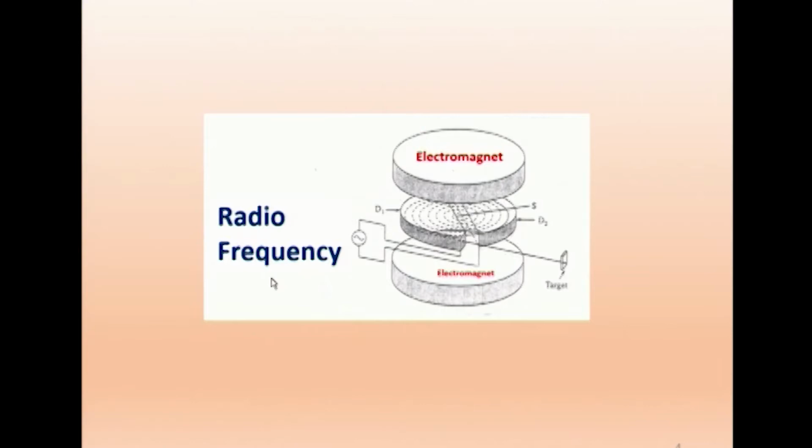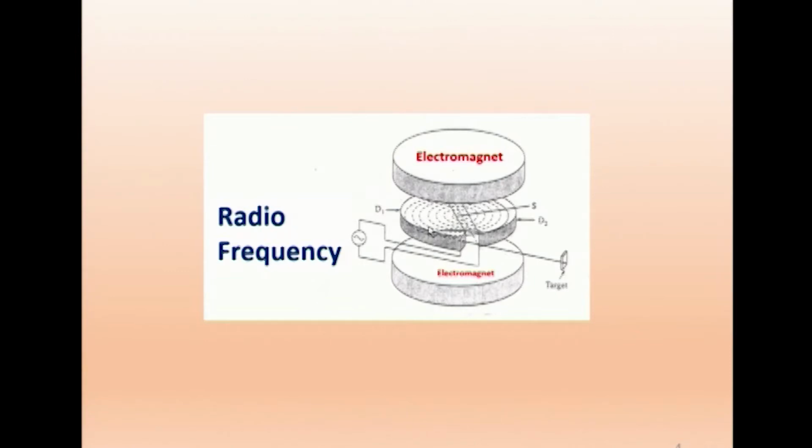So this is the basic construction. We will go to another diagram, the same thing as earlier. That was a top view, and this is a side view. Here we have the electromagnet, these two. The D1 and D2 are here.